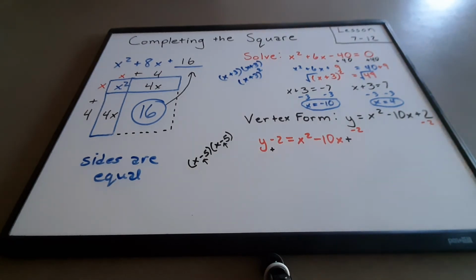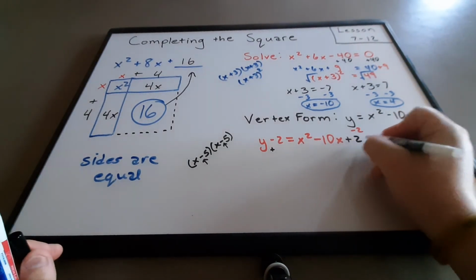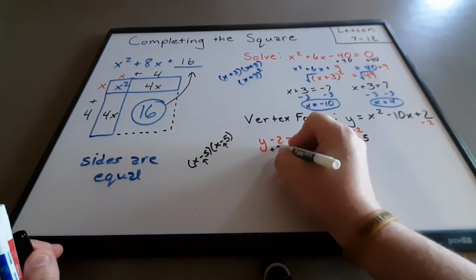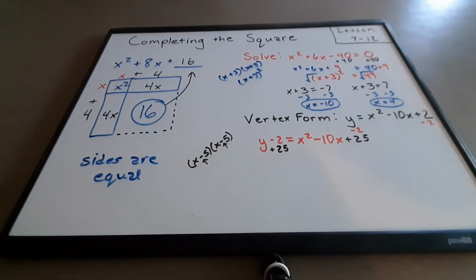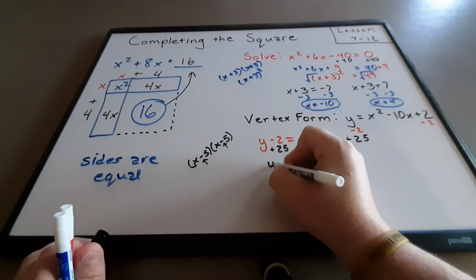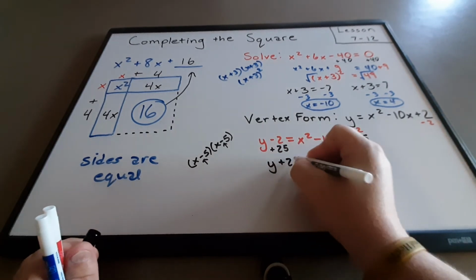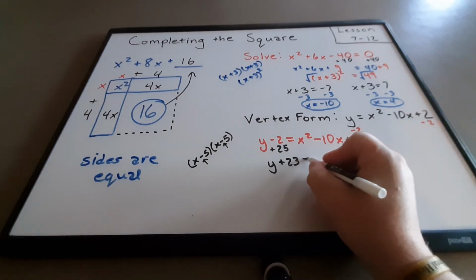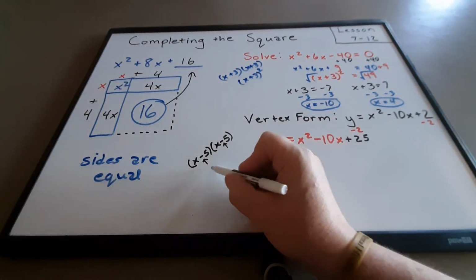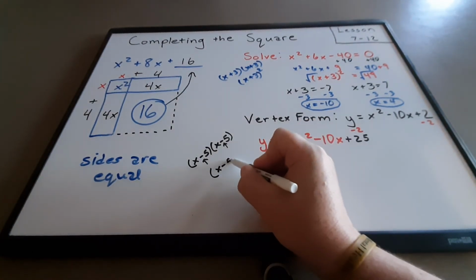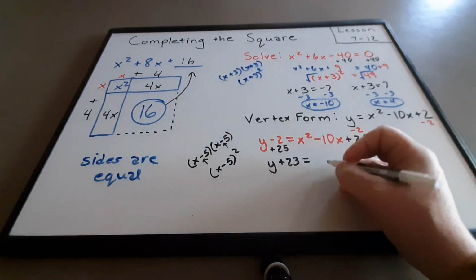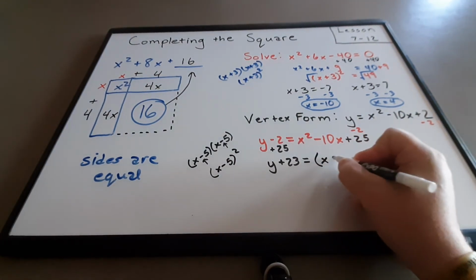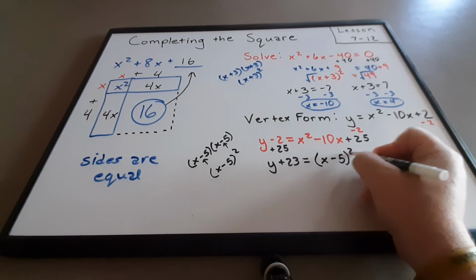So 5 times 5 gives us 25. So we're going to get 25 here and 25 here. And then we're going to rewrite the problem. y plus 23, because negative 2 and 25 make 23, equals, well, we want to use our square version of this, x minus 5 squared.